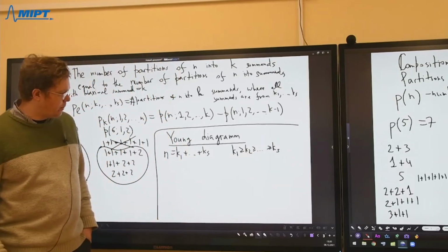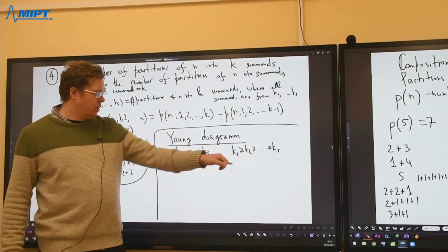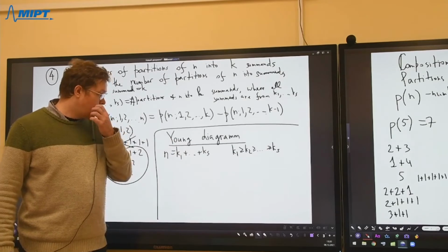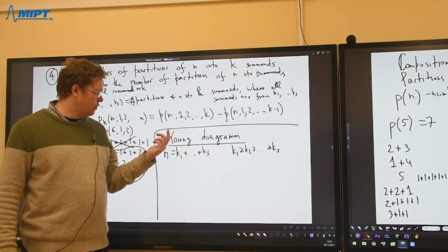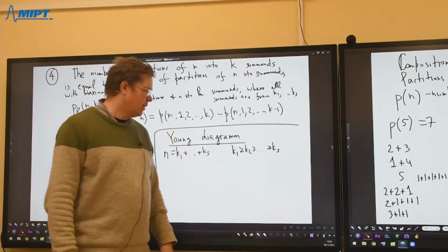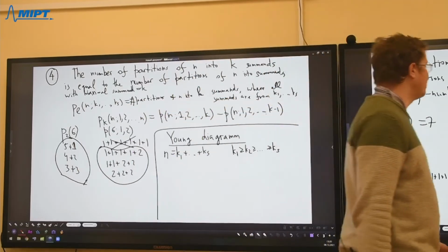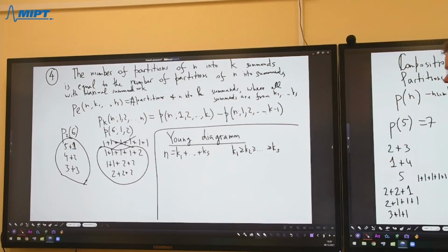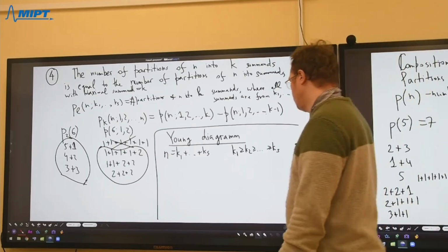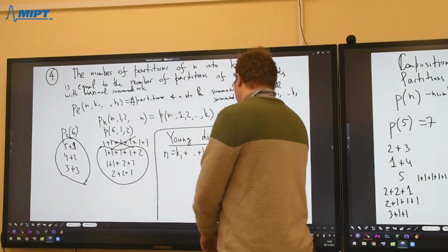There are several possible options to illustrate the Young diagram.